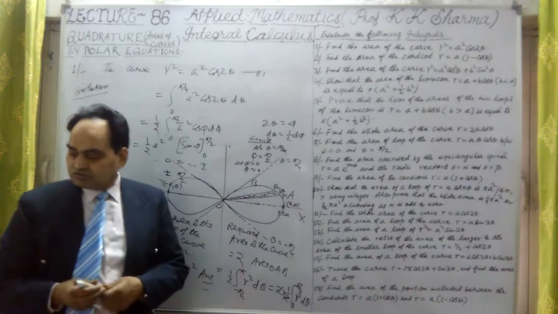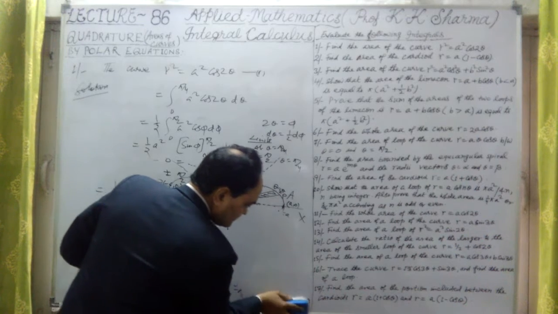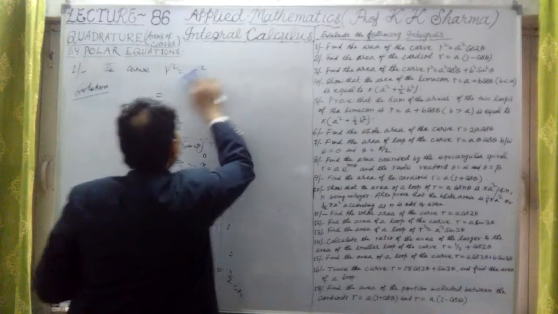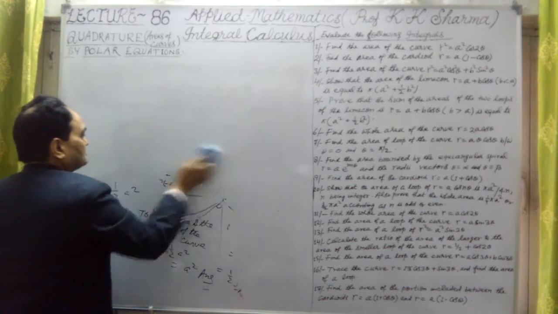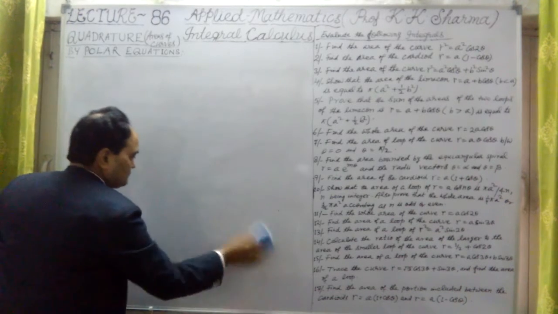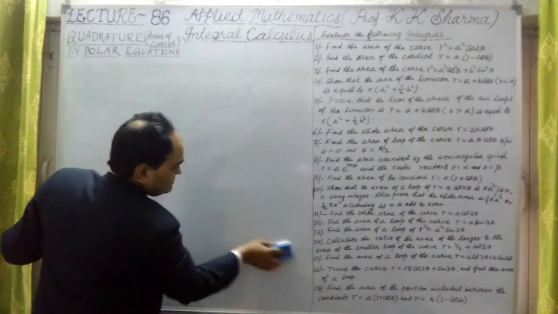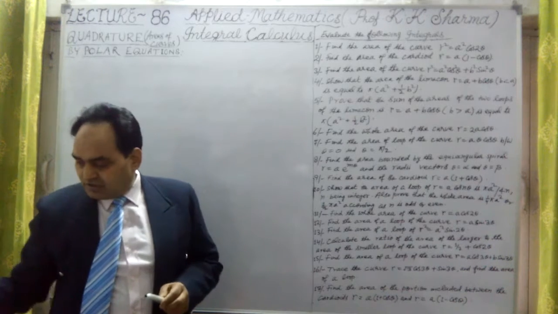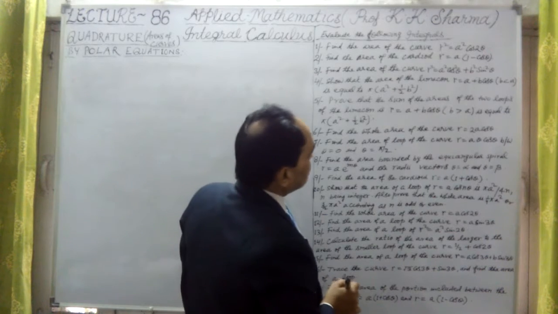Now let me take question number 2, the second question. What does it say? Let me check. So here we are given: find the area of the cardioid r equal to a into 1 minus cos theta.